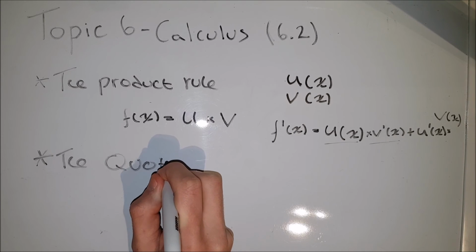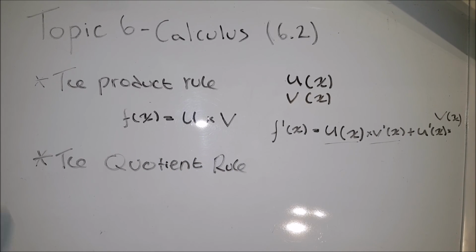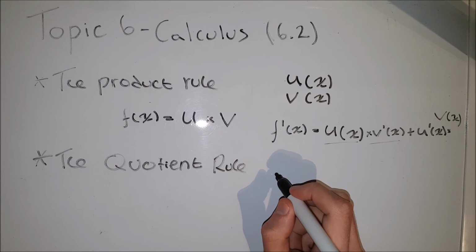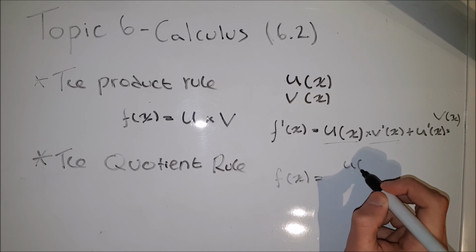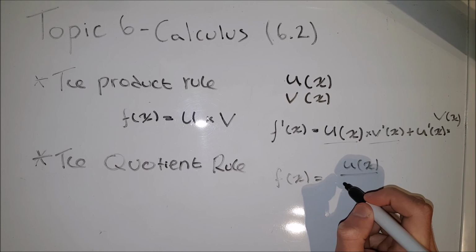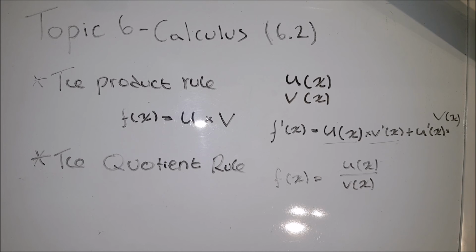Then you have the quotient rule, which is maybe a little bit more complex. The quotient rule relates to dividing functions by each other. So let's say you have two functions divided by each other.